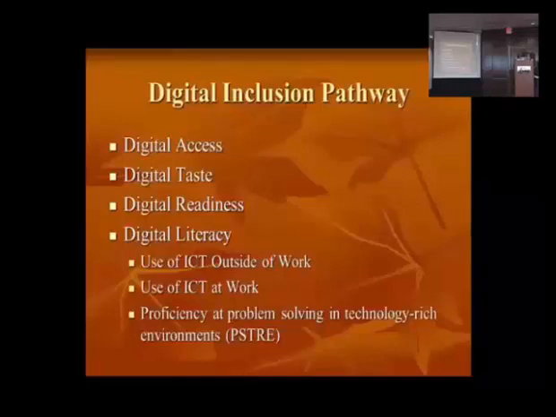There are measures of use of ICT outside of work. These are a lot like the IRT scaled items that were mentioned this morning for numeracy practices. I'm going to call these ICT practices outside of work, ICT practices at work if you were employed, and then, of course, the cognitive proficiency, the PSTRE. These are not my definition of digital literacy, just measures of digital literacy within that stage.